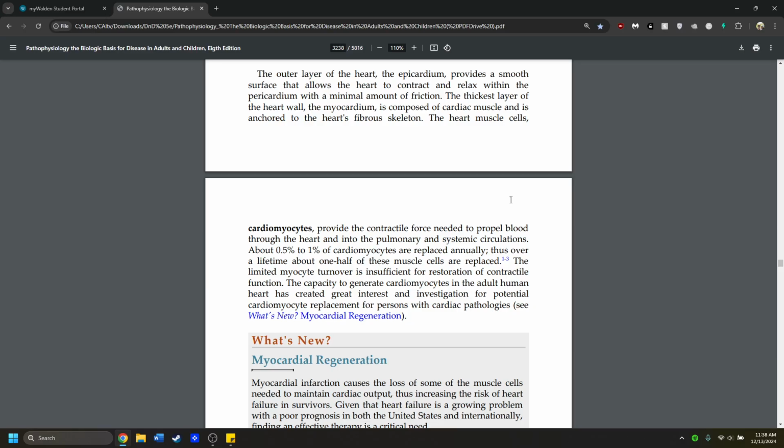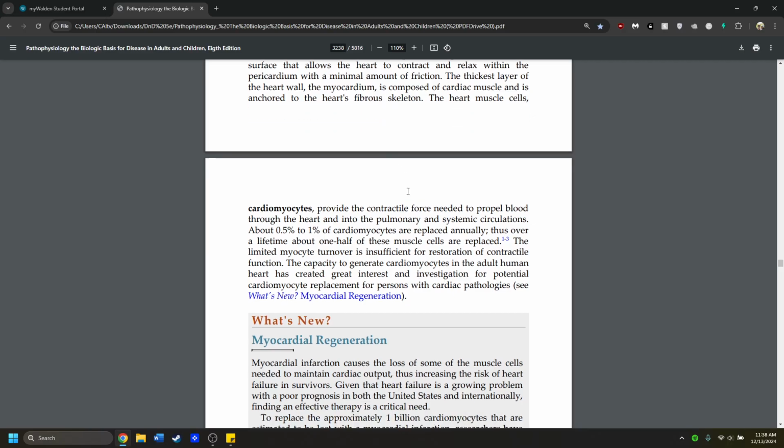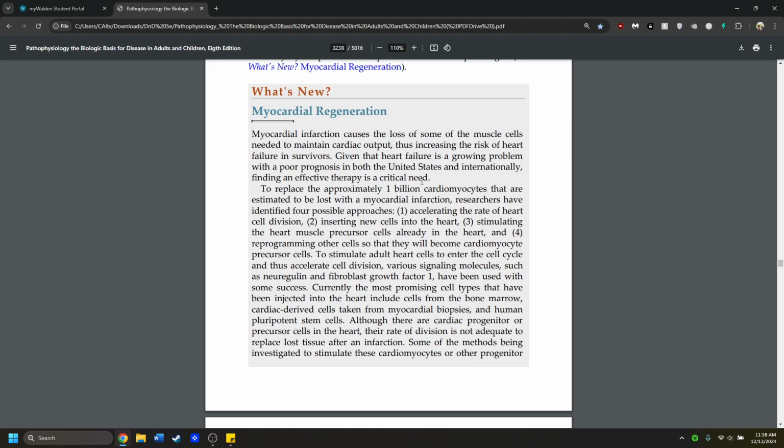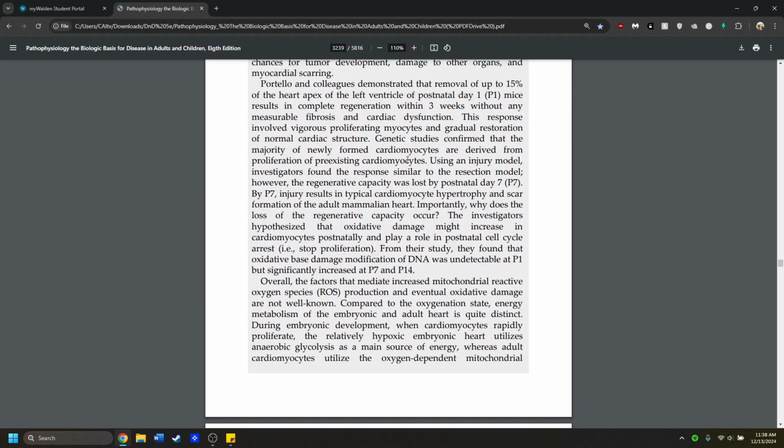The capacity to generate cardiomyocytes in the adult human heart has created great interest and investigation for potential cardiomyocyte replacement for persons with cardiac pathologies. So, I guess there is research done on myocardial regeneration.